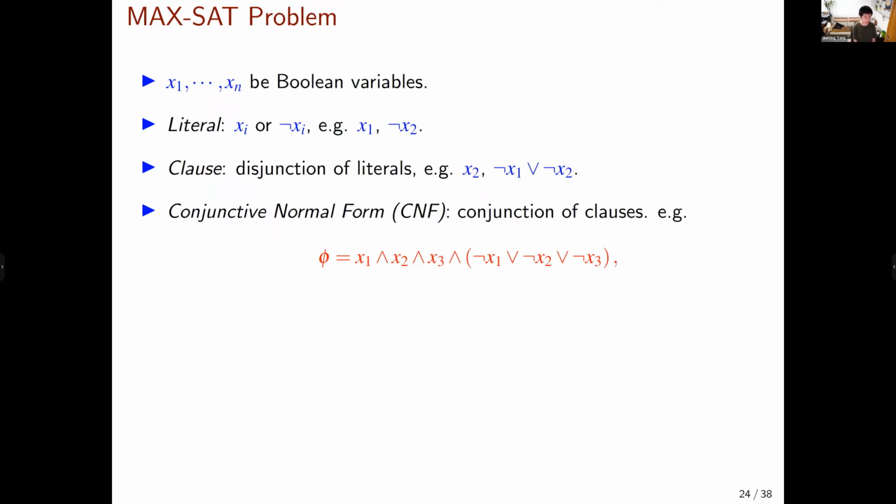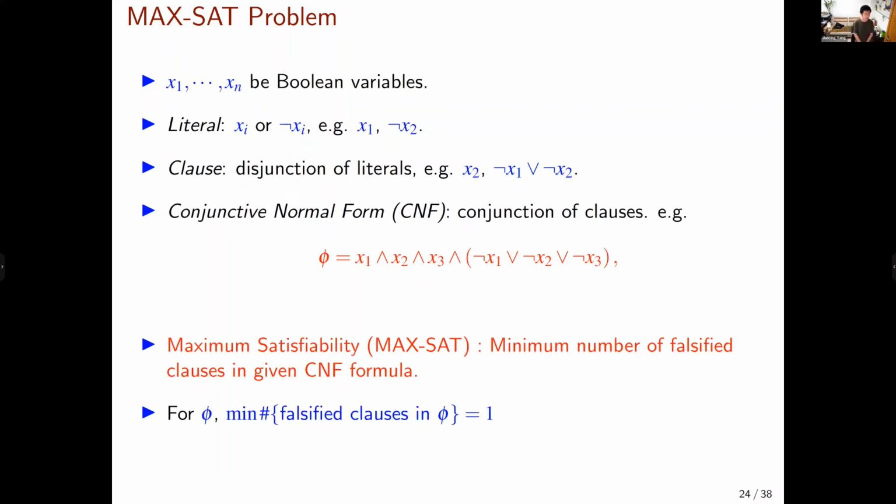For example, here, phi equals x1 and x2 and x3, and (not x1 or not x2 or not x3). The MaxSAT problem asks for the minimum number of falsified clauses in a given CNF formula. For example, we still consider this phi. The minimum number of falsified clauses in phi equals 1.